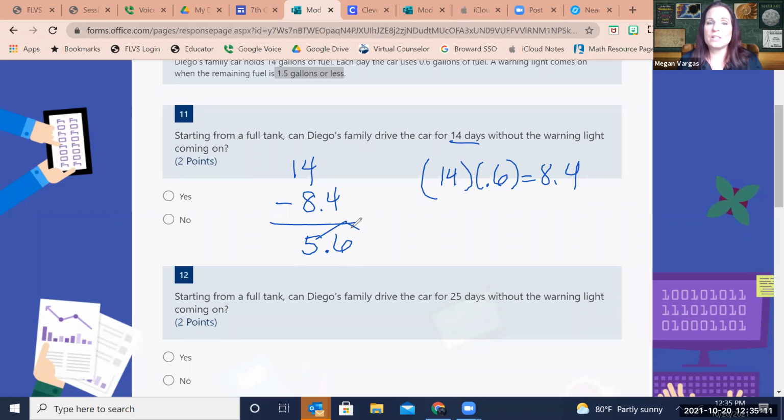Because we wanted to make sure that this number was larger than 1.5, because if we get to 1.5, that warning light comes on. But if we still have 5.6 gallons left in the tank, no warning light, right? So once we figured out how much was used, we subtracted it from the total amount in the tank to figure out how much was left. Does that refresh your memory?